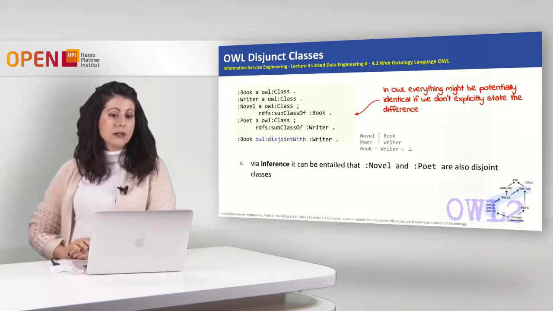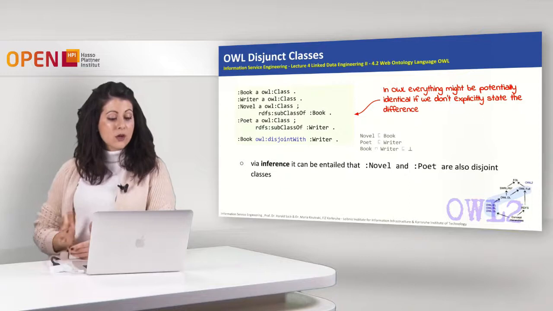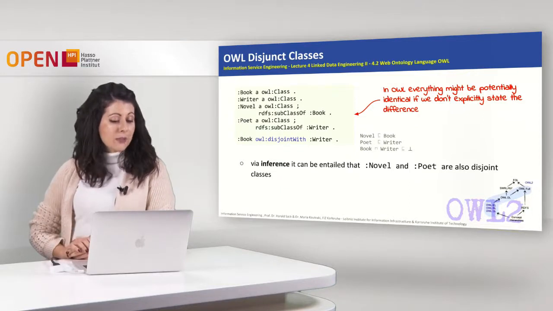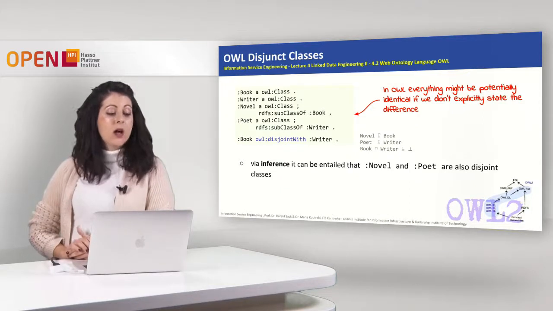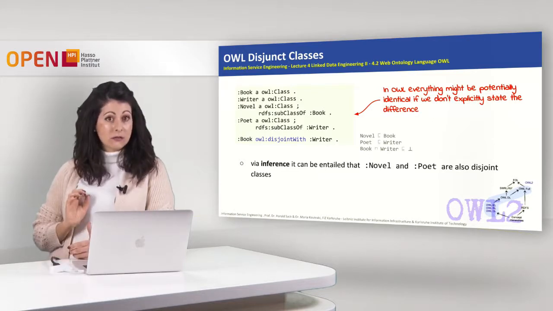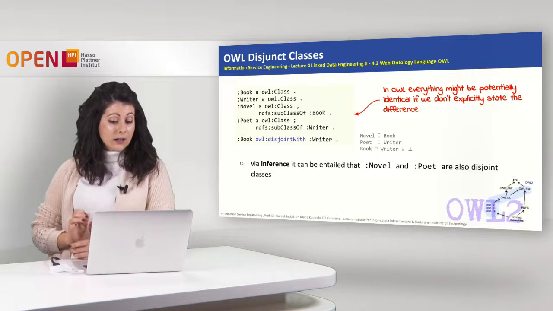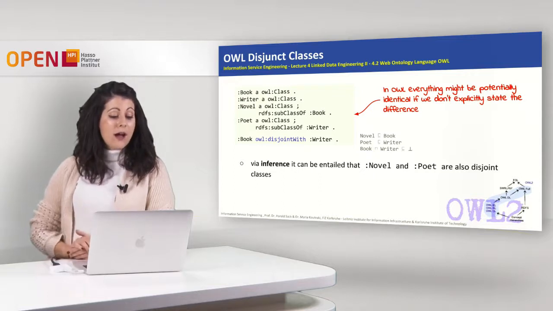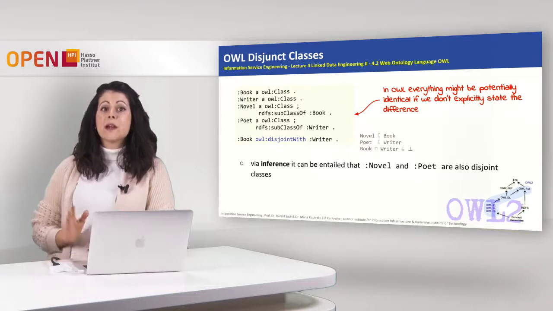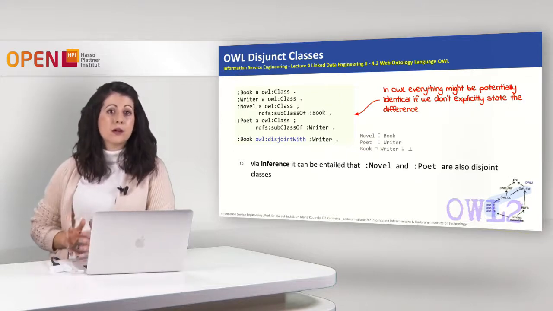So book is of type class, writer is again of type class, novel is a type class and subclass of book, poet is a type class and subclass of writer, and then we explicitly state that book is OWL disjoint with writer, meaning that if an instance is of type book, it cannot be at the same time of type writer.